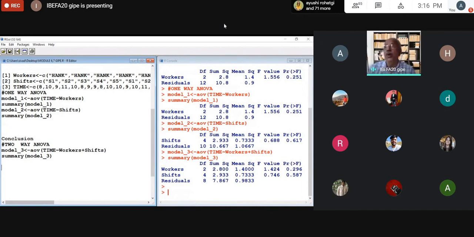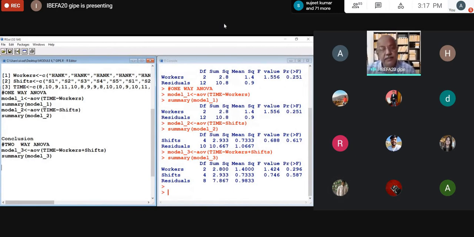So you want to know whether workers and shift have interaction with respect to averages. Is it clear? That is two-way ANOVA.